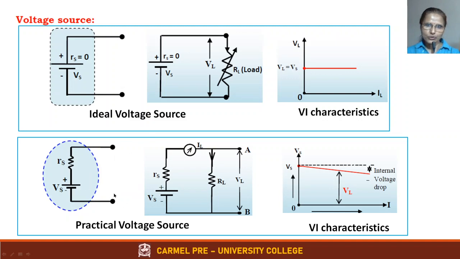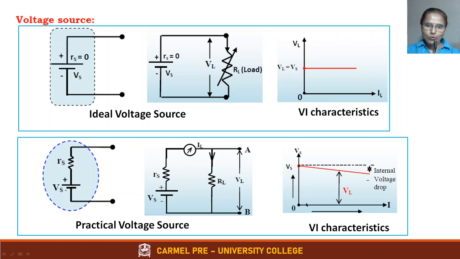This is a practical voltage source which has its own internal resistance. And when you connect the load, this is your cell phone battery, it comes with internal resistance. Your cell phone battery is a practical voltage source, it has its own internal resistance. So when you start using the battery in your cell phone, when you increase the volume for whatever reason, that means you are drawing more and more current.